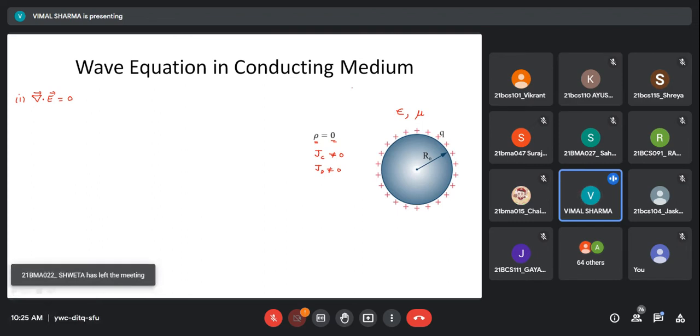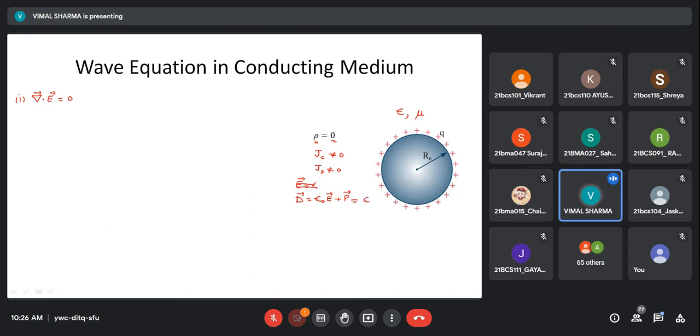Okay, as it is having permittivity epsilon and permeability mu, I can write two relations. The electric displacement vector D is epsilon naught times E plus polarization vector P, as we'll see.